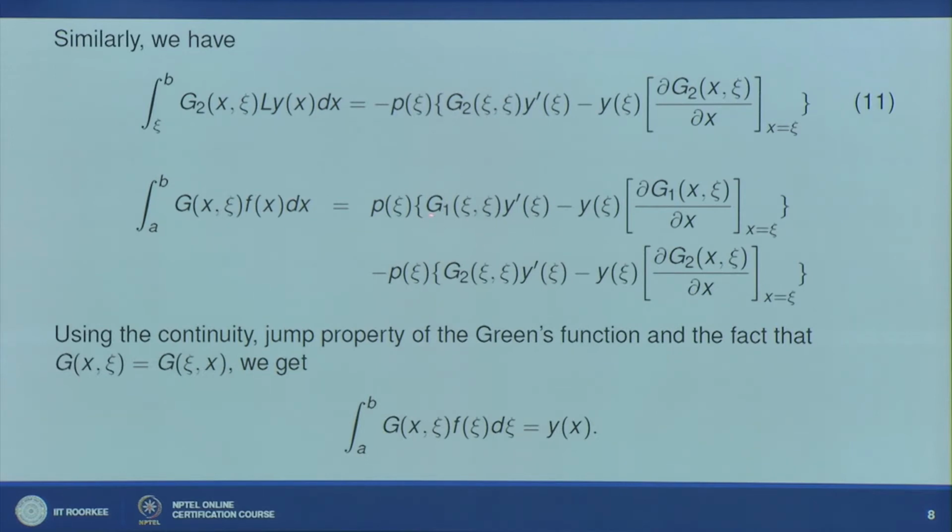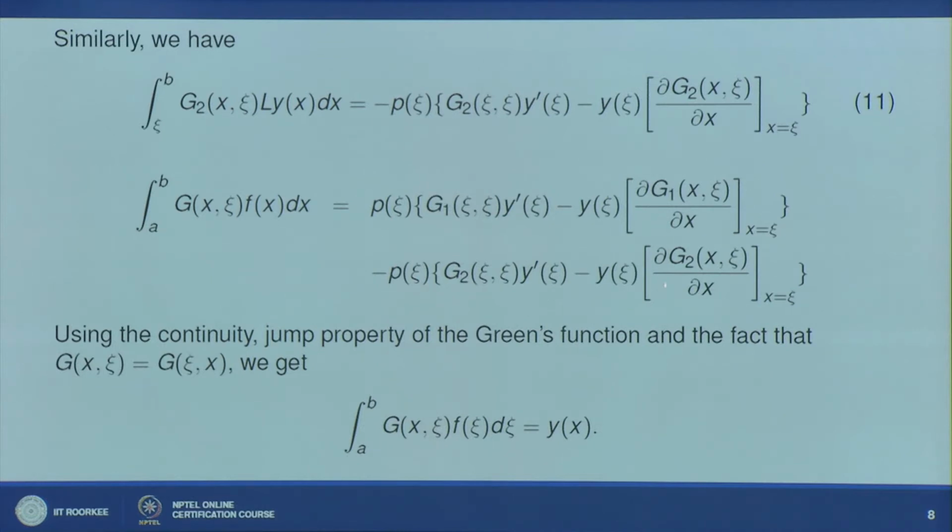Now if you look at here, this first term g1 xi xi y dash xi and here g2 xi xi y dash xi. Since we already know that the function g x xi is continuous at x equal to xi, these two will be equal, and since it is a plus sign here and a minus sign there, these two will cancel.